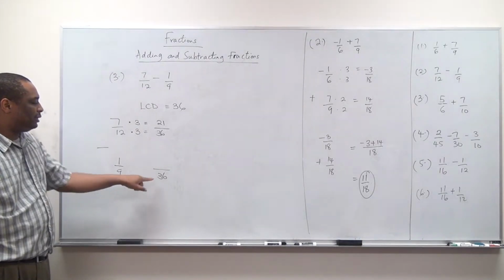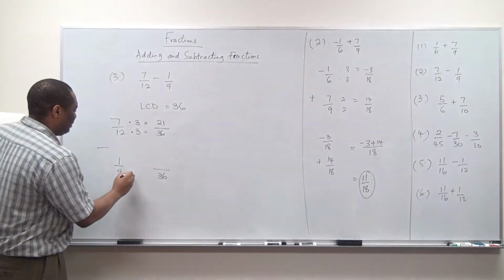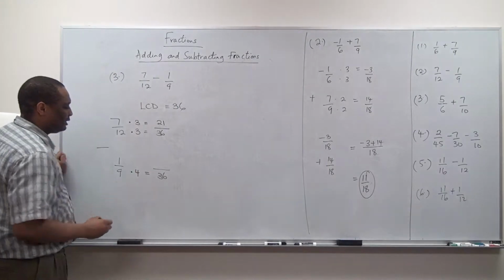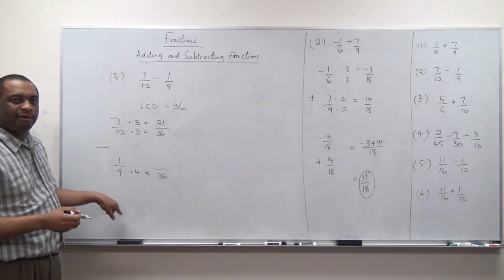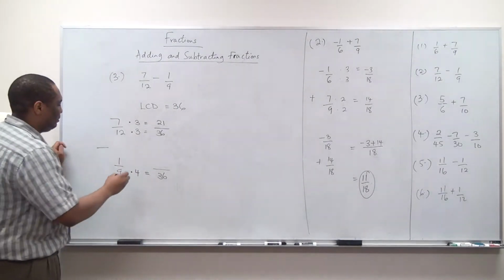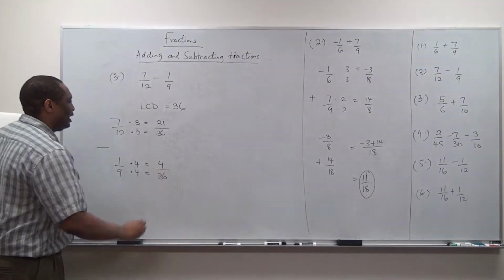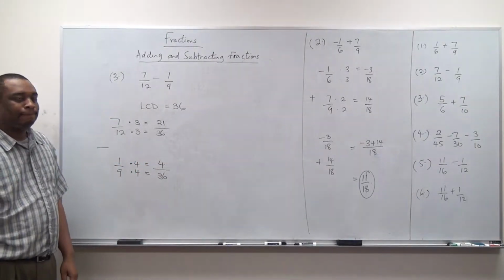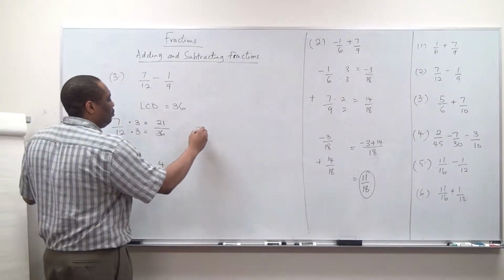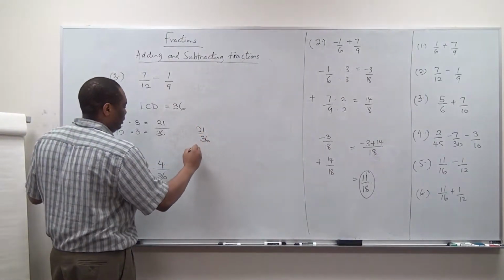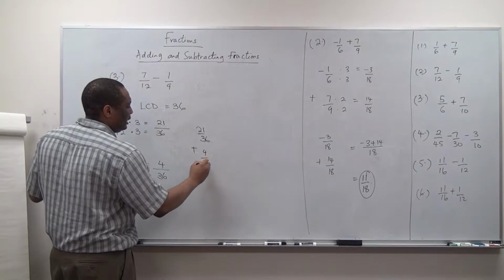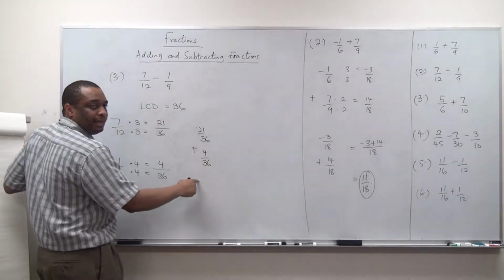What will I do to 9 to give me 36? I multiply by 4. And because I multiply the denominator by 4, I will also have to multiply the numerator by 4. And that gives you 4 out of 36. Then you now subtract 4 out of 36 from 21 over 36. They now have a common denominator.